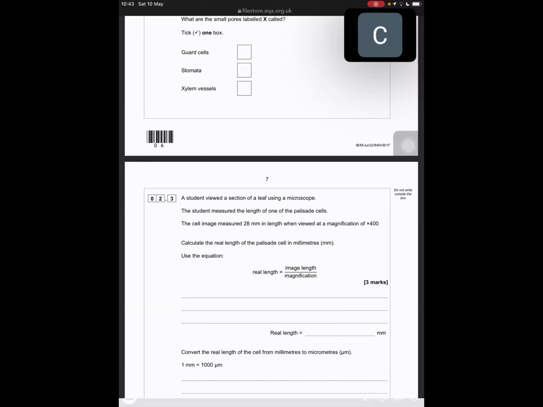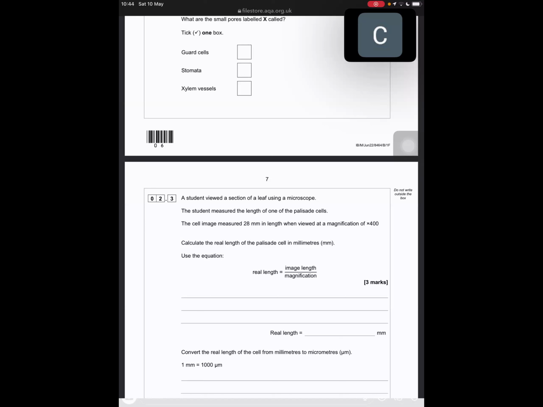It says use the equation real length equals image length over magnification. So we have an image length that's 28, 28 divided by 400.